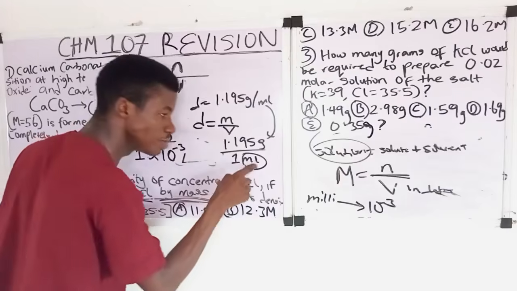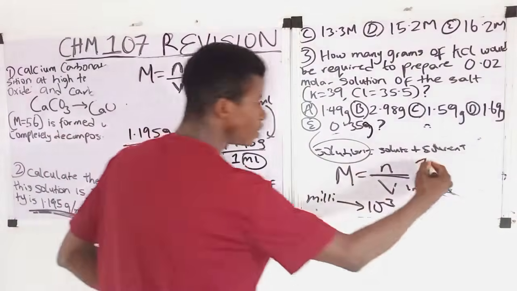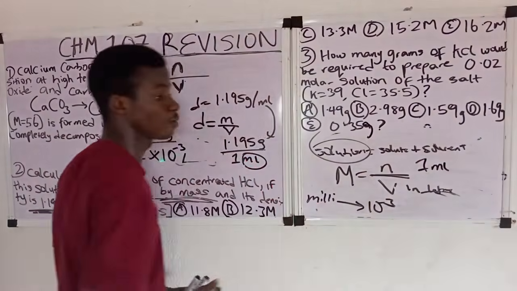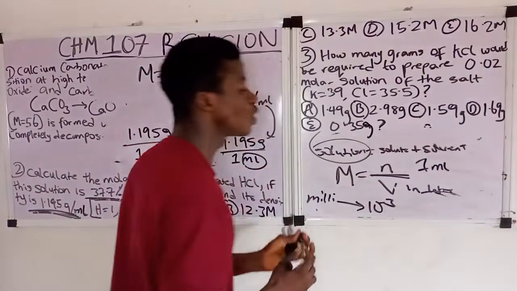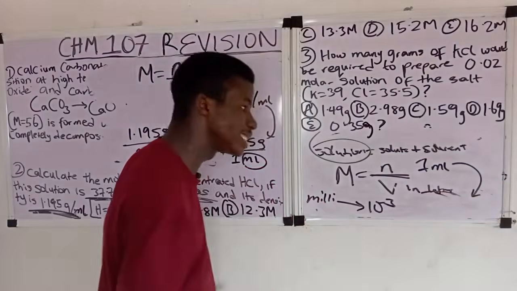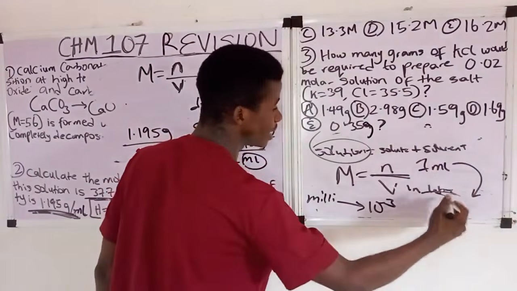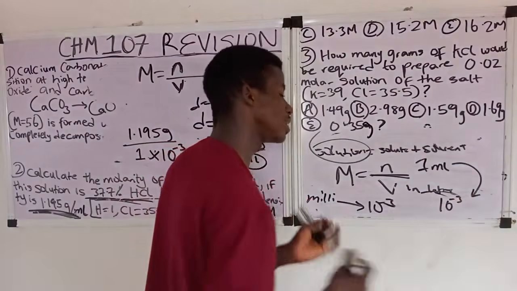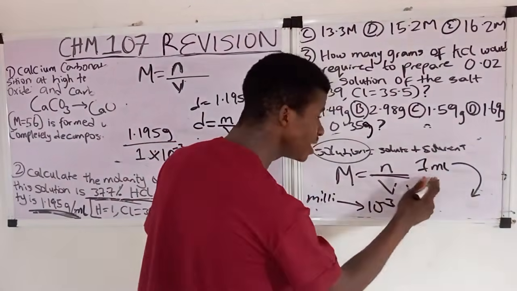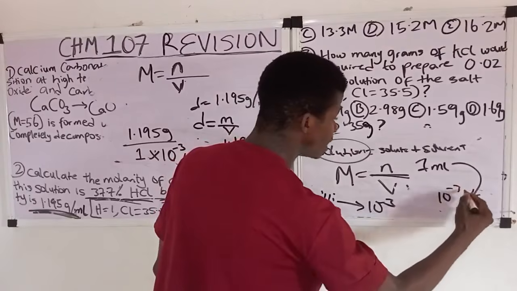We cannot use mil to solve in molarity. We use liter. So we convert it to liter. 1 milliliter is the same as 10 raised to the power minus 3 liter.